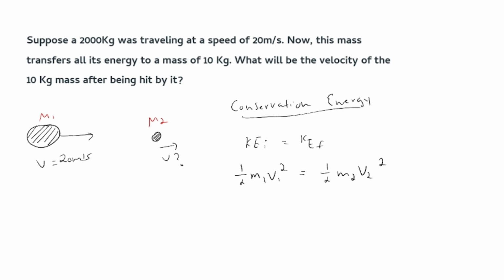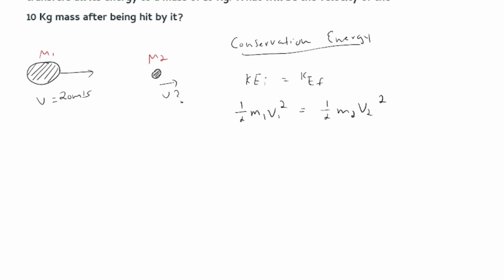And that's it. All we're basically going to be doing now is isolating for our v2, and when we isolate for our v2, we can just plug in our numbers. I'm going to multiply by 2, and when we multiply by 2, this half gets canceled out. All that remains is m1 v1 squared equal to m2 v2 squared.